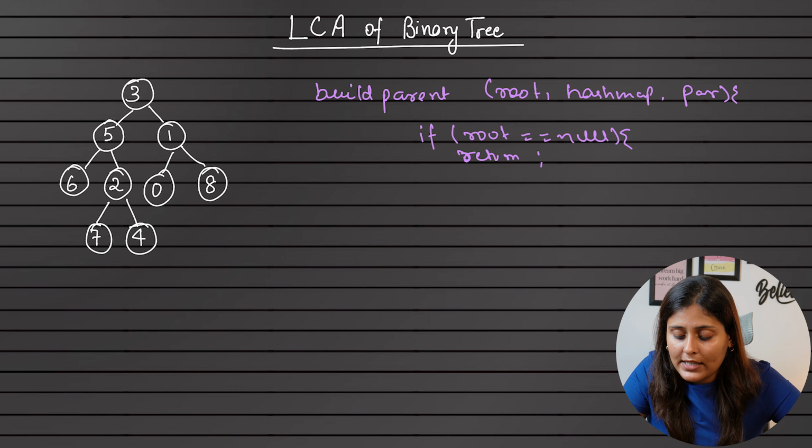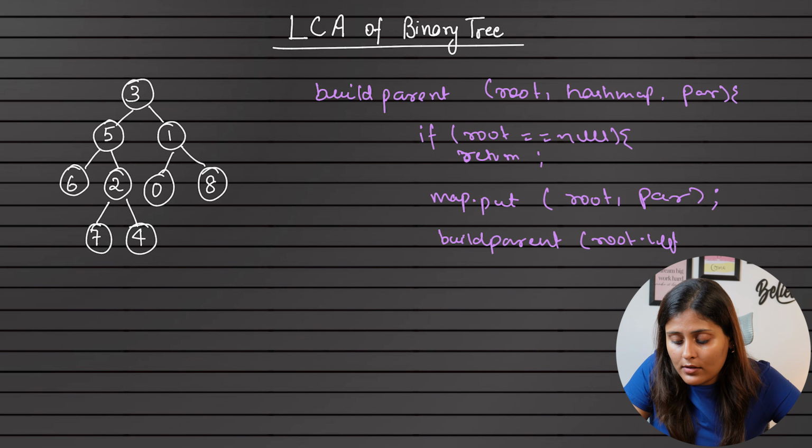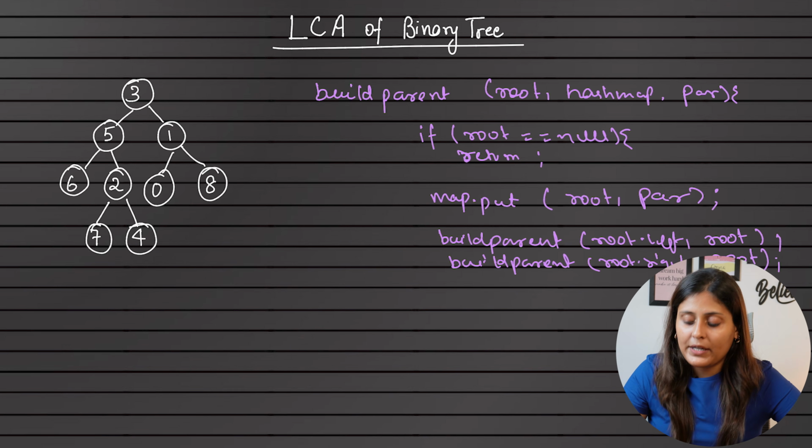Or else our task is to put in the map, for the root, the parent. After that we recursively call the build parent function for the left child, and the parent will be root only. Similarly we call build parent for root dot right child, and the parent will be root.